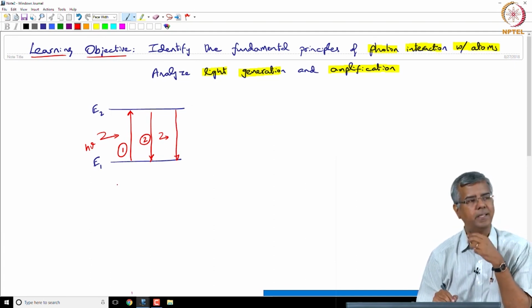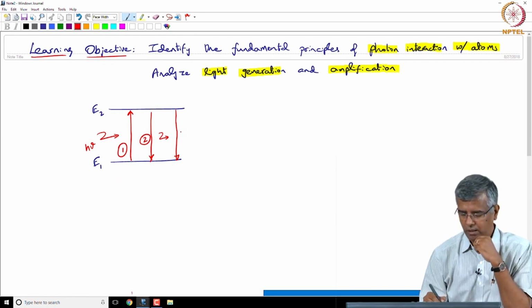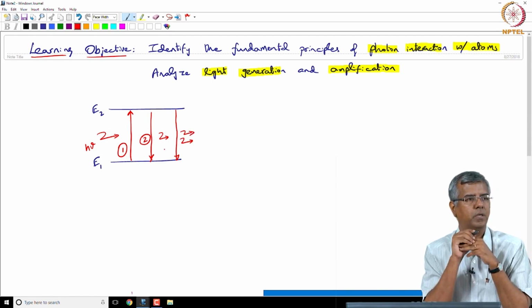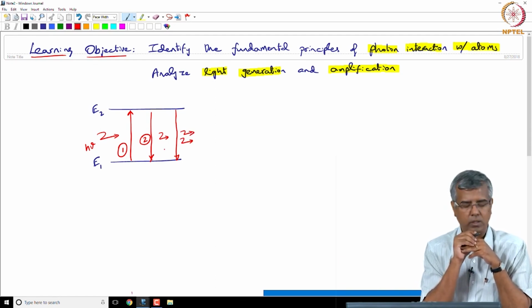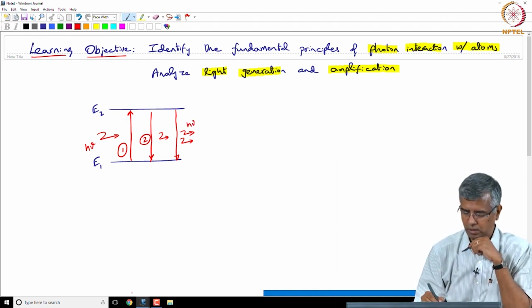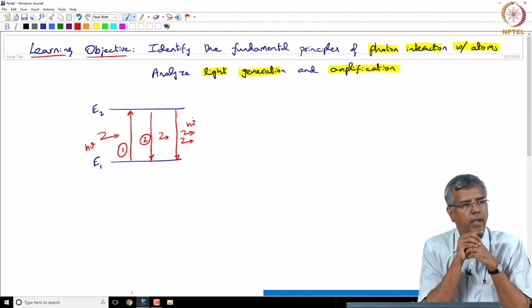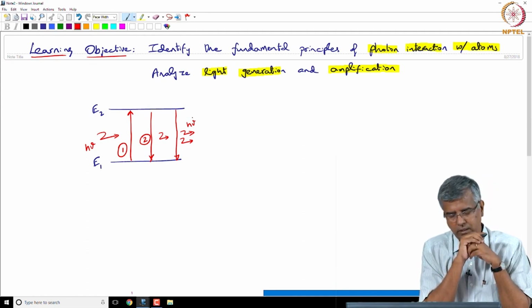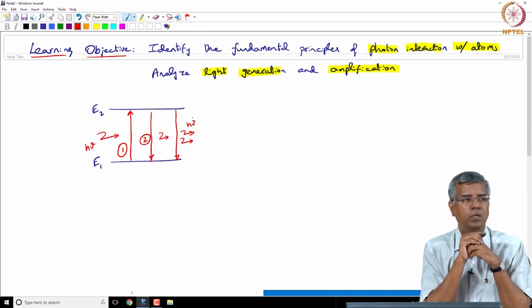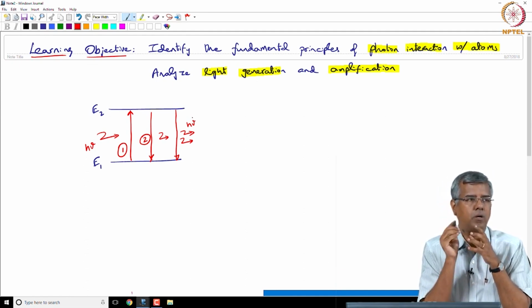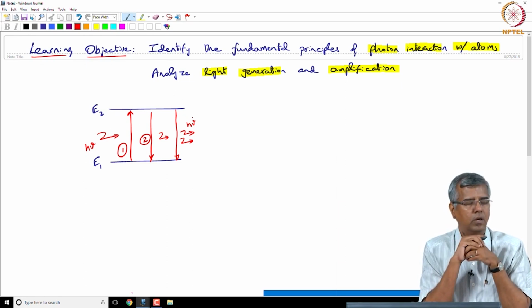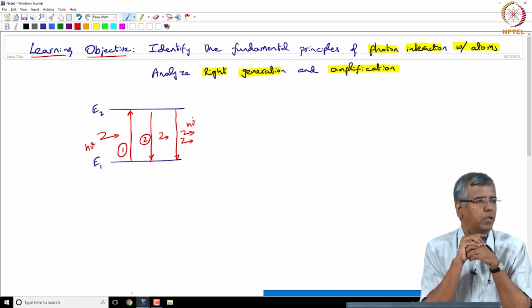It encourages the atom to give up its energy, in which case it emits two photons. You come in with one photon, and you go out with two photons with the same energy h nu, such that the other photon that's emitted is absolutely a clone of the incoming photon.